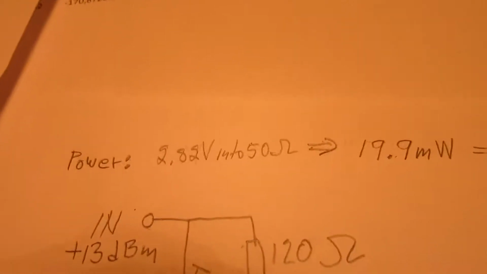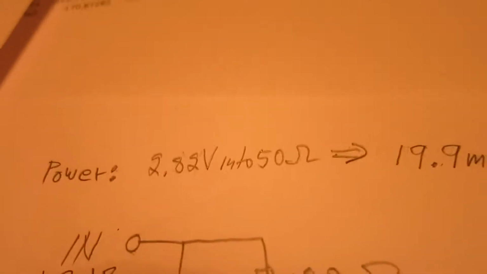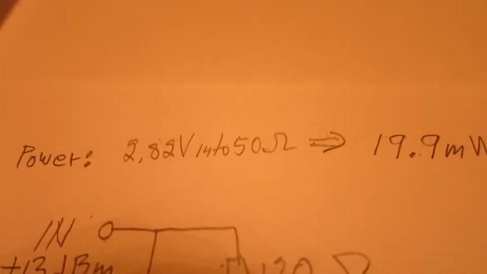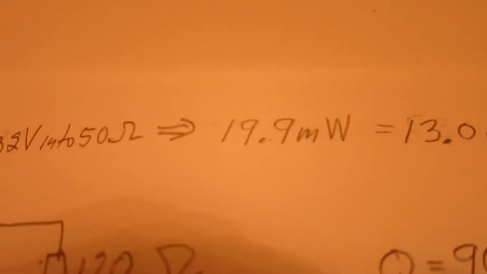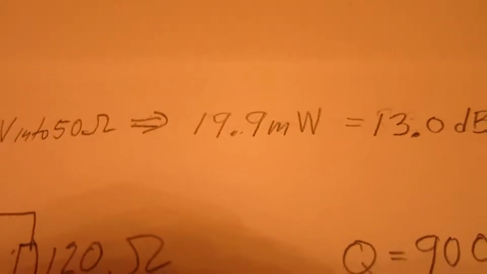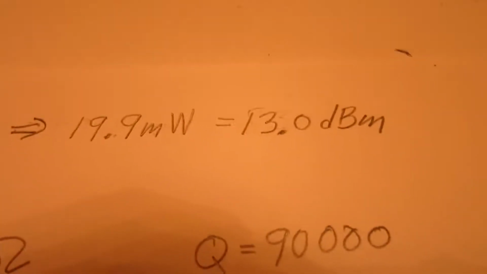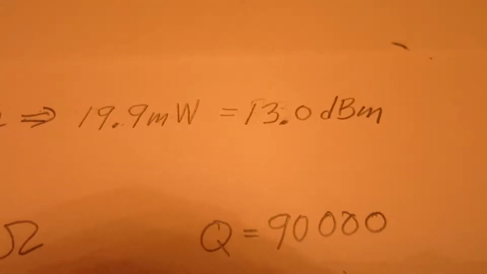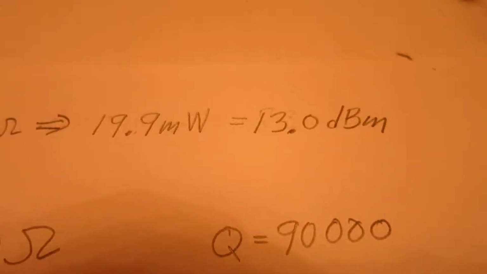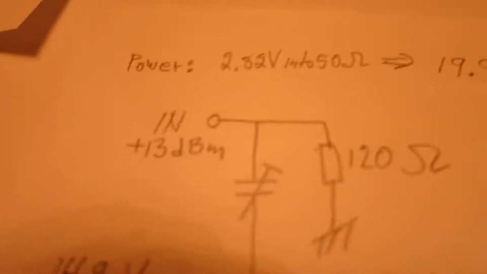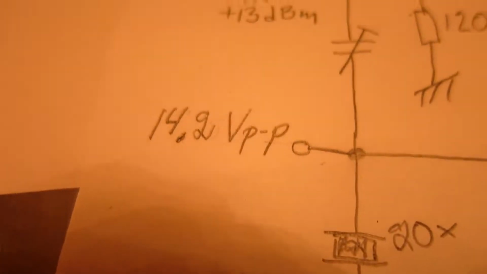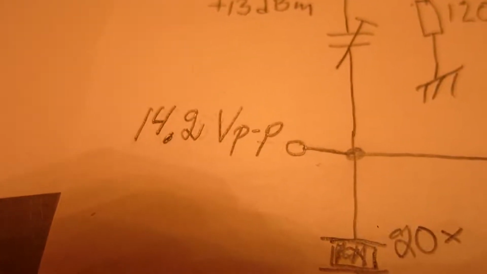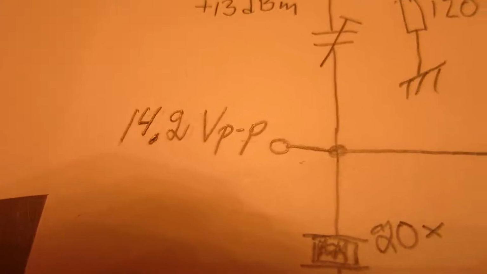So here is what I have: 2.82 volts into 50 ohms. That's the average of the two oscilloscopes. That gives me 19.9 milliwatts, 13.0 dBm, in very good agreement with the result from the spectrum analyzer. So input plus 13 dBm, across the crystals 14.2 volts peak to peak.